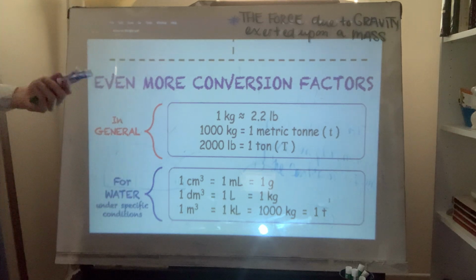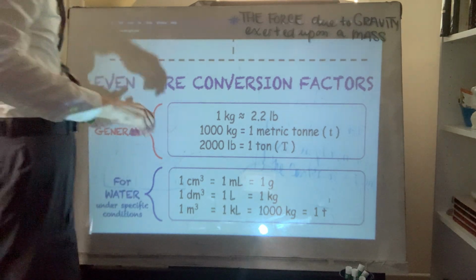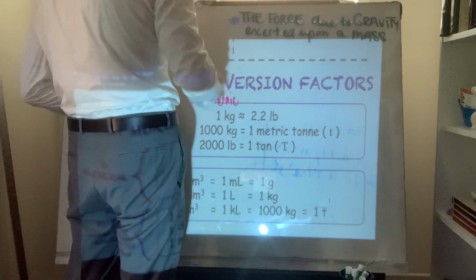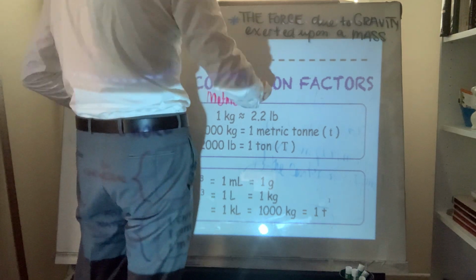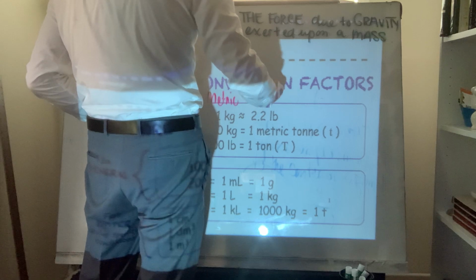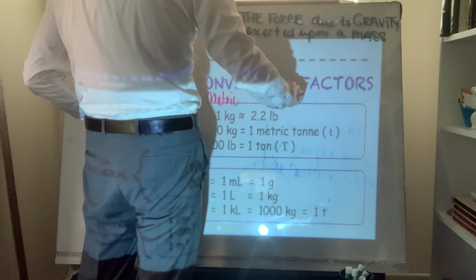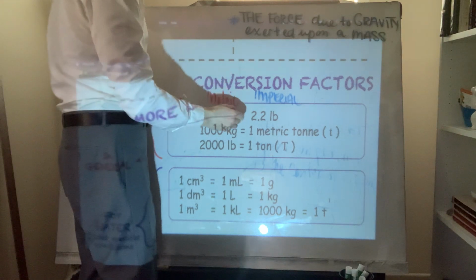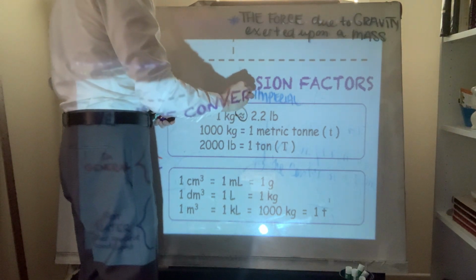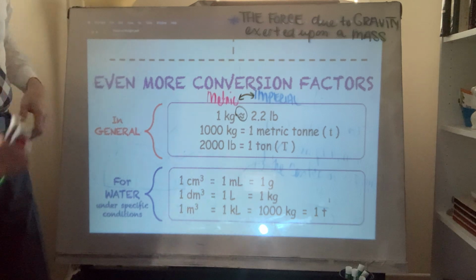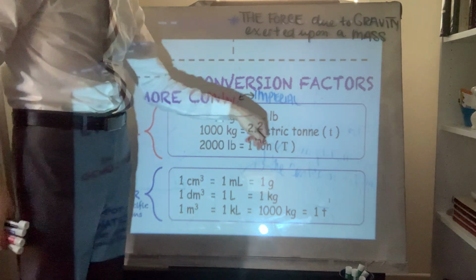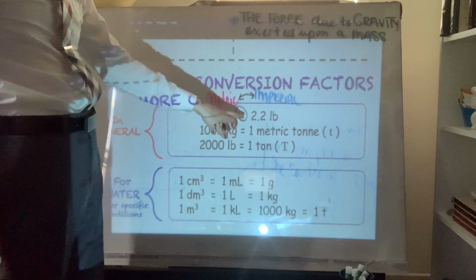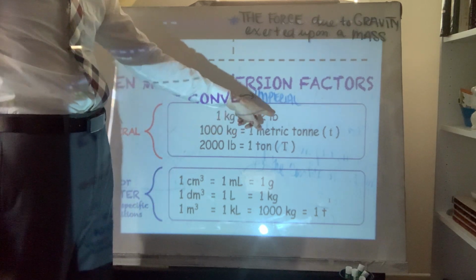When you're converting between the metric system and the imperial system, notice that there's a squiggle here, because the relationship is rounded. 1 kilogram is approximately 2.2 pounds.